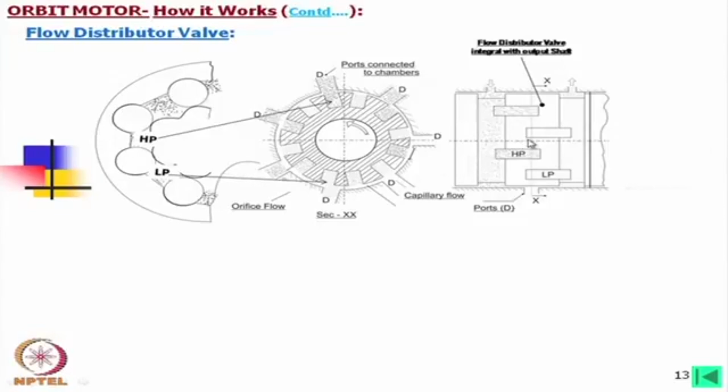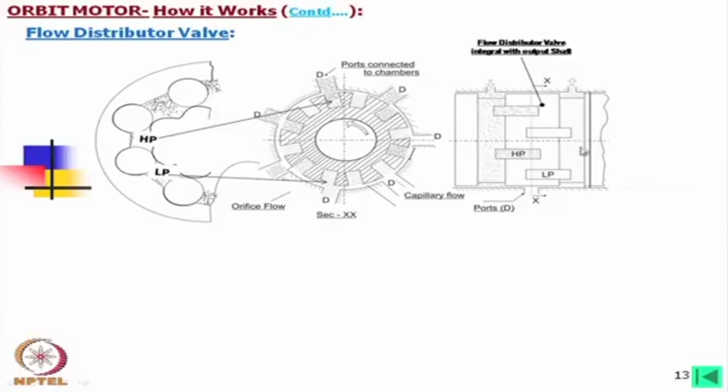If you observe these grooves, we have taken this section, this groove. Alternate grooves are connected to these 2 slots. If one is under high pressure, the other is at low pressure.